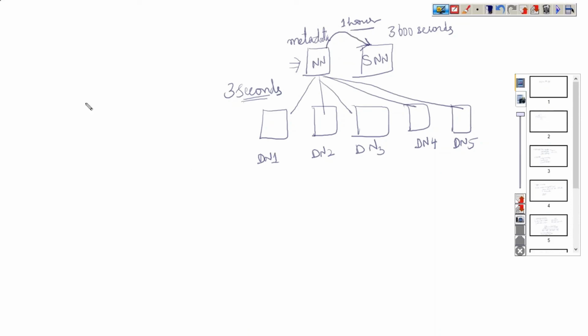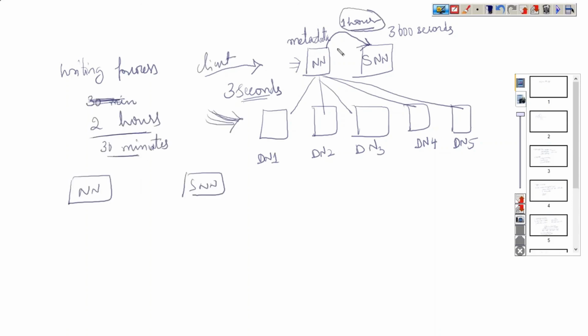But the problem here is, let's say some writing process has started. Some client is writing some data into this HDFS cluster. That client is going to first consult the name node, and based on the information given by the name node, the client writes the data into data nodes. Now it has written data for up to 30 minutes.